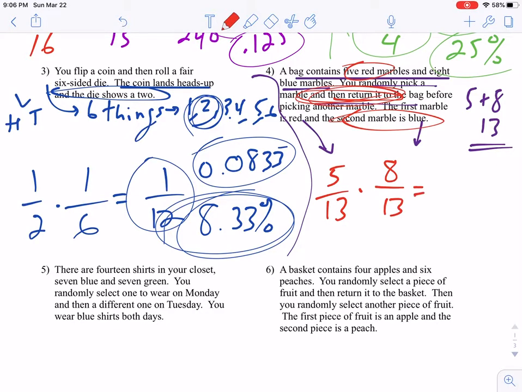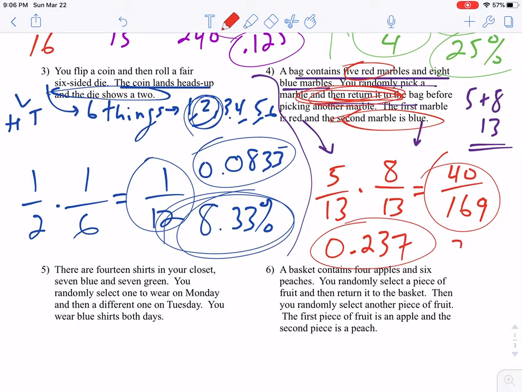So we still have 13 marbles in the bag. So you multiply this and you get 40 over 169, which is actually reduced. So that would be an okay answer for a fraction. But as far as a decimal goes, it would be 0.237. Or you could say 23.7% would also be acceptable.